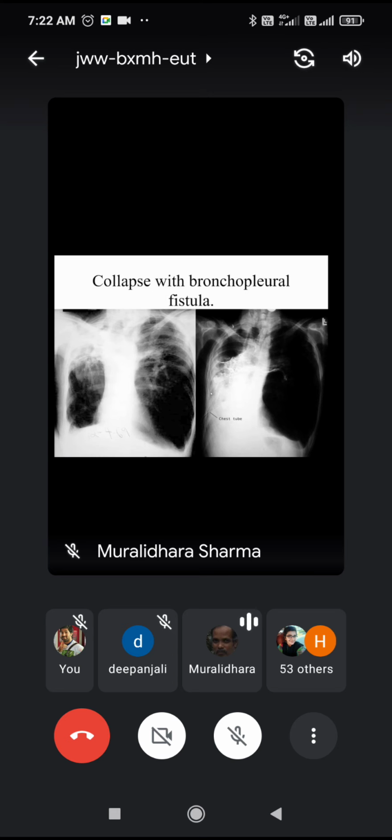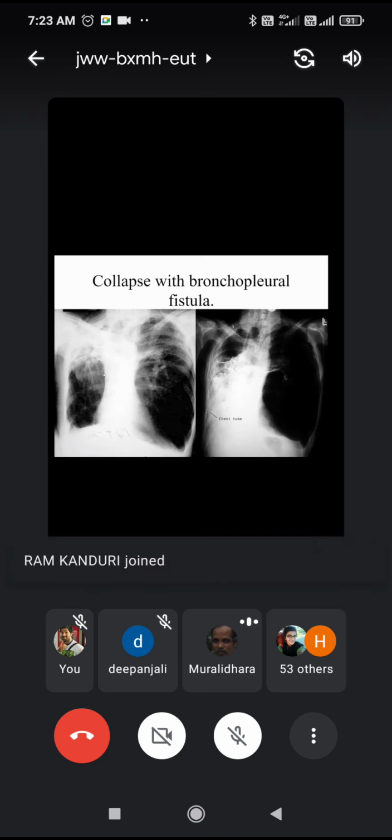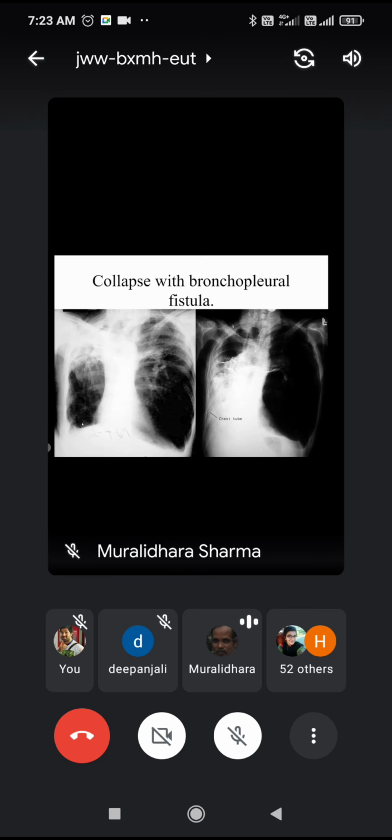Now, atelectasis also can be accompanied or produced due to other causes. Atelectasis can also result from a bronchopleural fistula. A bronchopleural fistula can occur if a patient has a pleural effusion, or then the drainage has occurred, and due to the chest tubes which we usually insert during the drainage, the chest tube insertion will increase the positive pressure in the pleura.